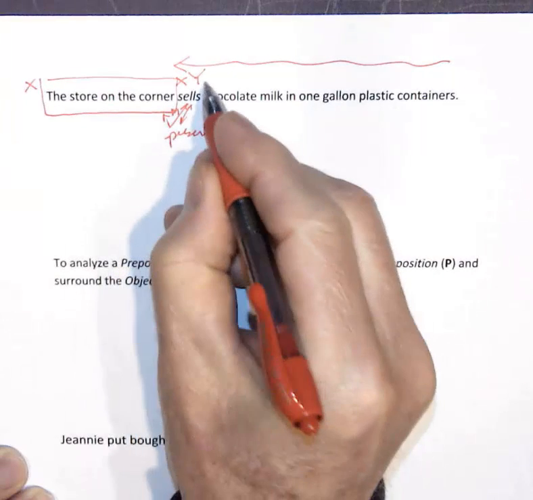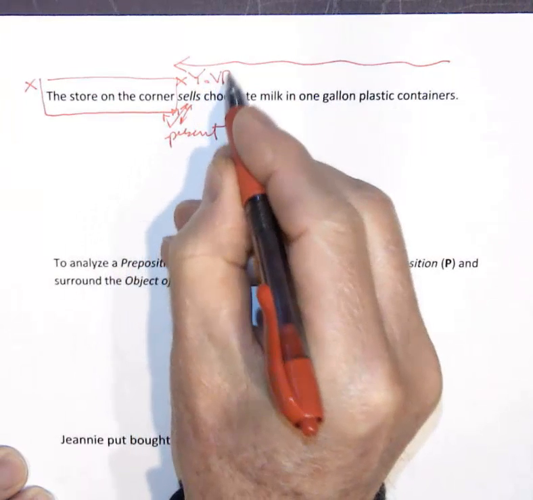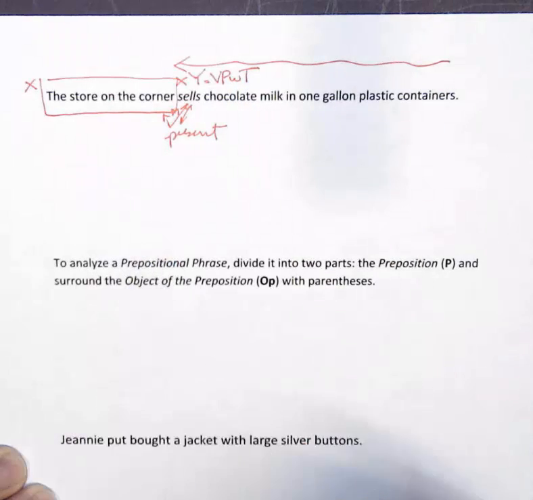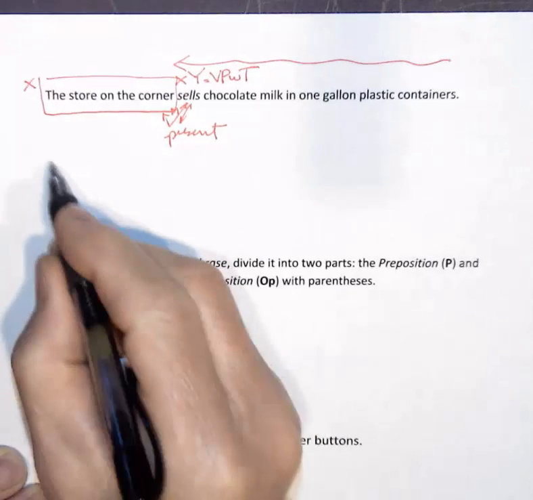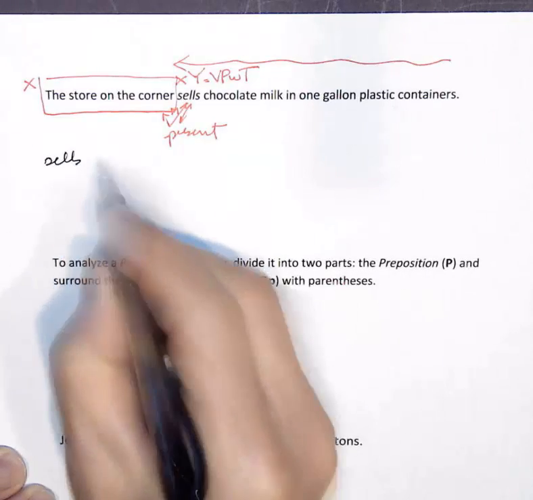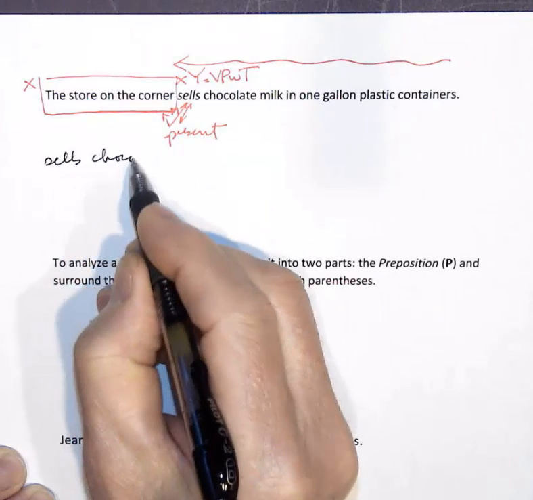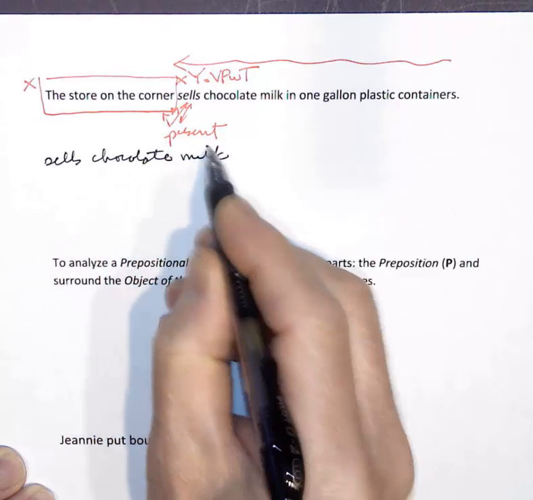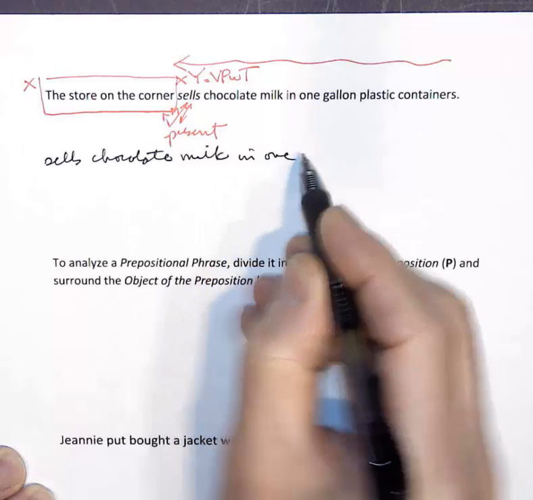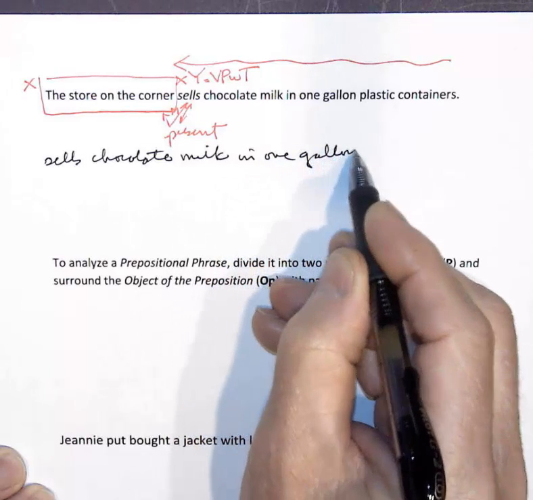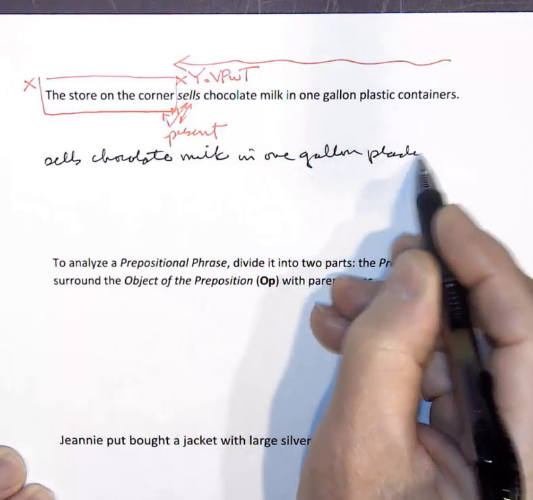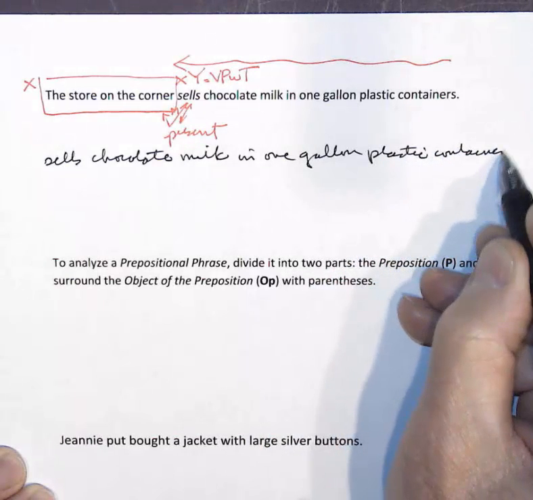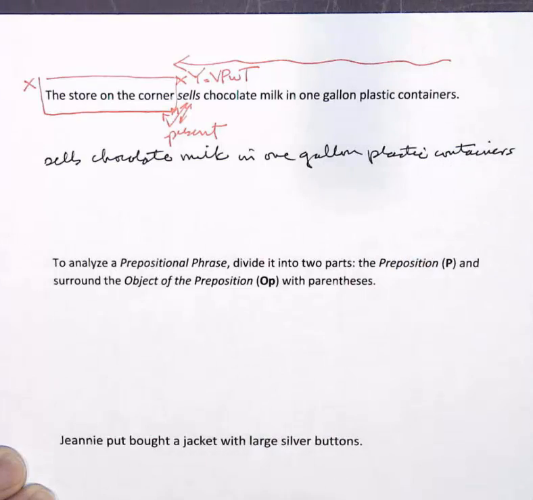Okay, so the Y is a verb phrase with time. And let's rewrite the Y. Sells chocolate milk in 1-gallon plastic containers.